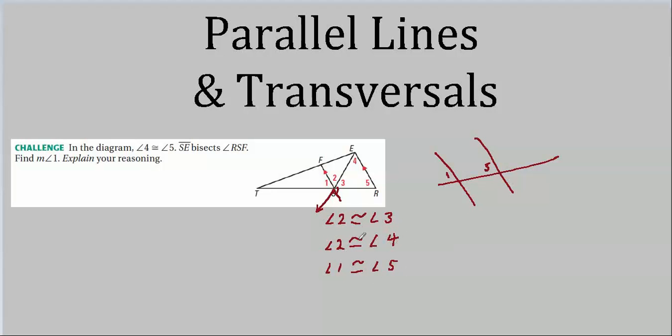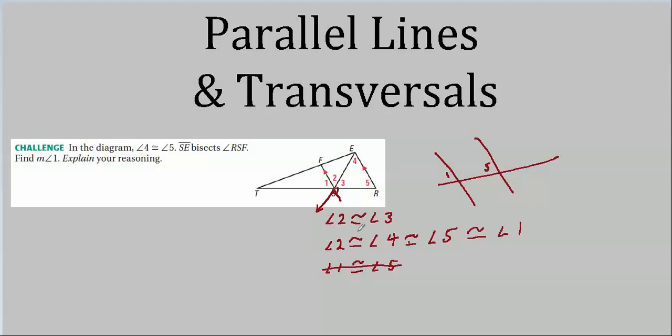If angle 2 is congruent to angle 4, and angle 1 is congruent to angle 5, I could write it this way. Now, I can just forget that line.